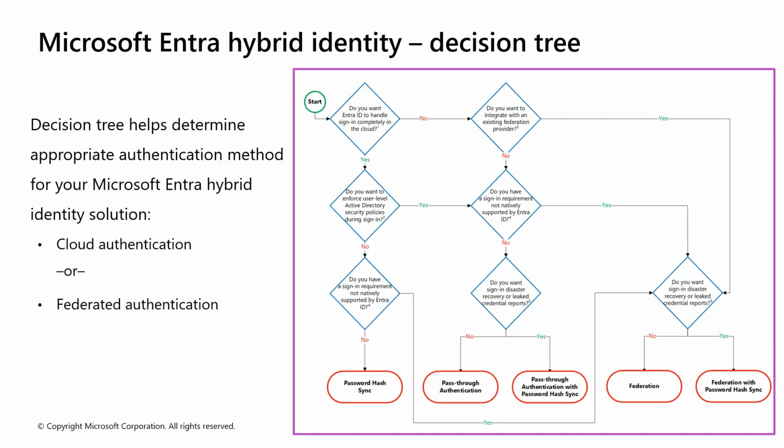Some features like smart card signing or multi-factor authentication require specific methods. Microsoft Entra Identity Protection relies on password hash sync for reporting leaked credentials and failover scenarios.